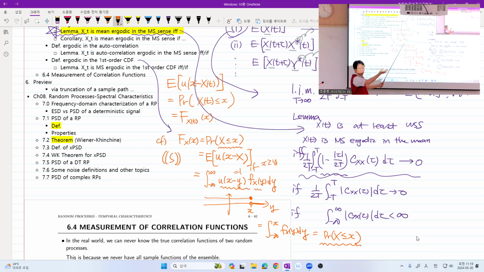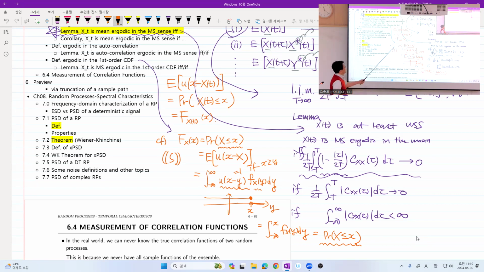Of course, you can generalize this idea, like second order ergodic, third order ergodic, nth order ergodic, depending on your need. If you need to compute the joint CDF of a random process, then probably you want to check whether ergodicity in the second order CDF makes sense or not.